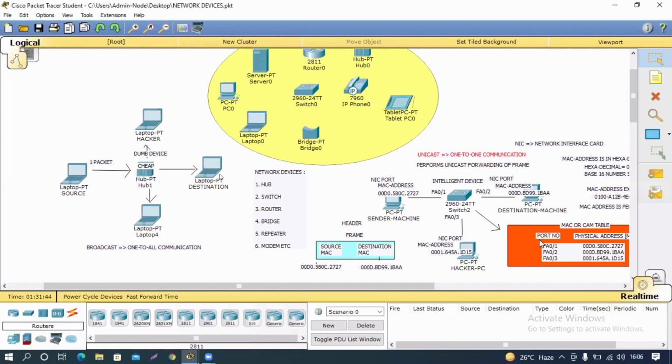Unicast means one-to-one. The switch maintains this table; the hub doesn't maintain this table. Because it doesn't maintain this type of table, it does broadcast. Because the switch maintains this table, it does unicast. So the hub only has broadcast.